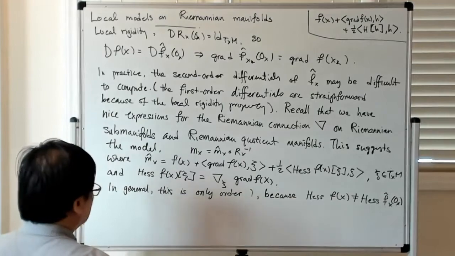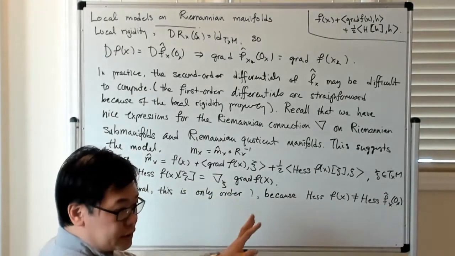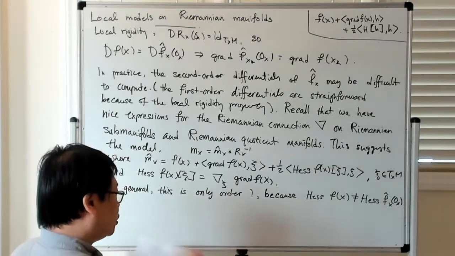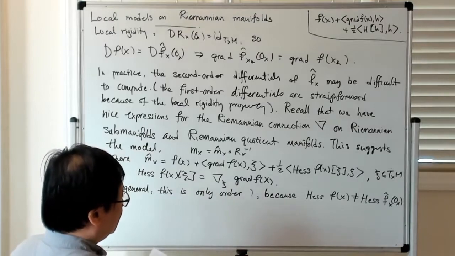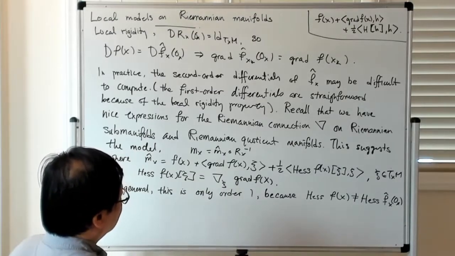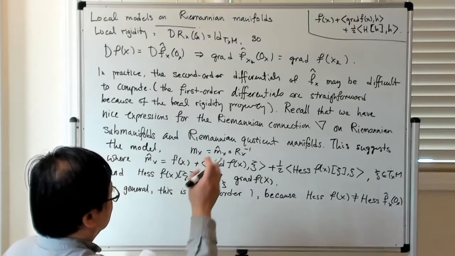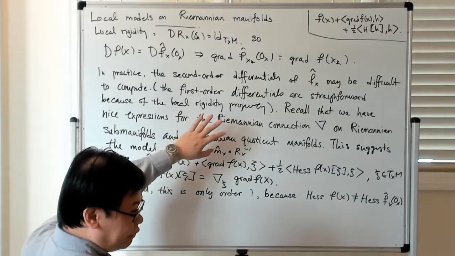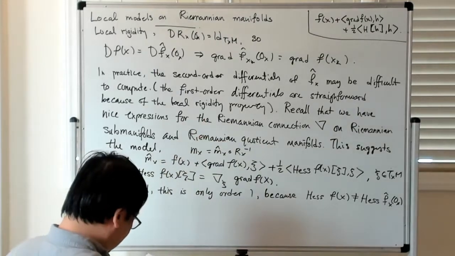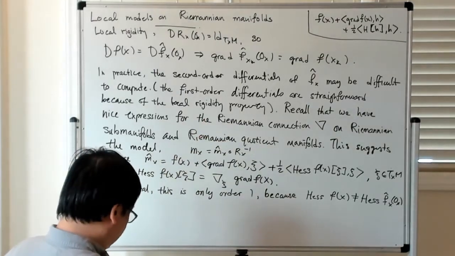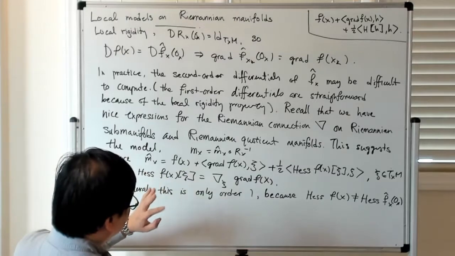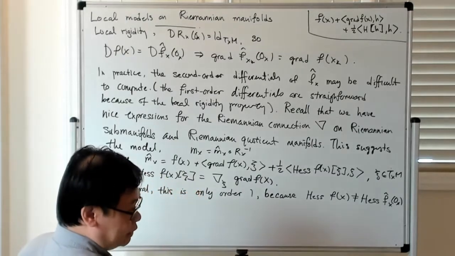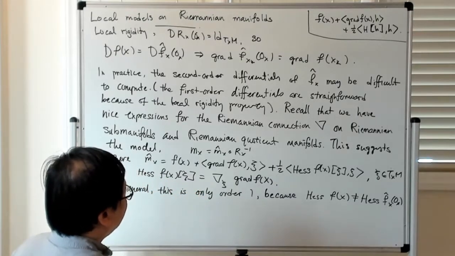But recall we had seen an issue like this before when we talked about Hessians. If the retraction had the property that it was second order, then you would be okay.